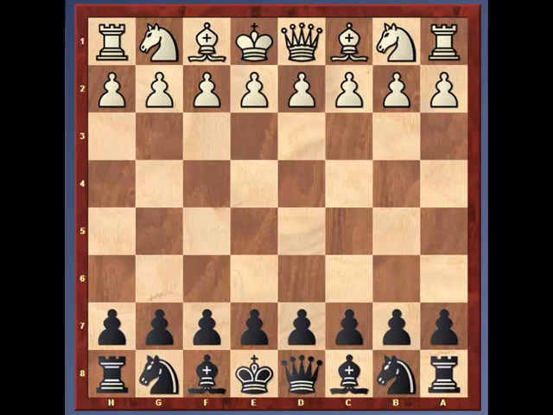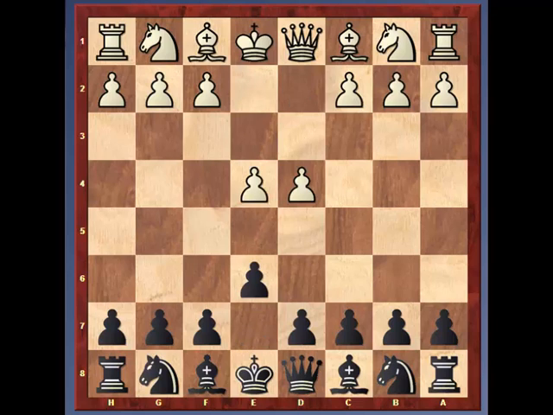This is the Bradford attack of the Steinitz. Notice again how Steinitz variation starts, differs from the Tarrasch, and then instead of that knight going to D2, it goes to C3. Slightly more aggressive.